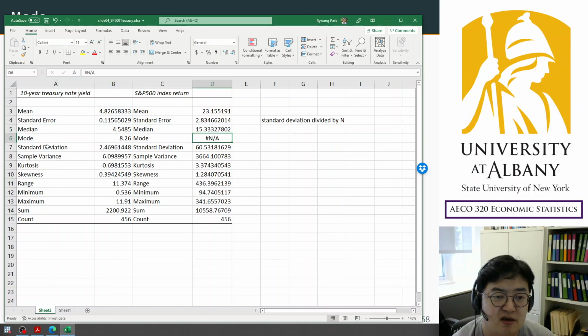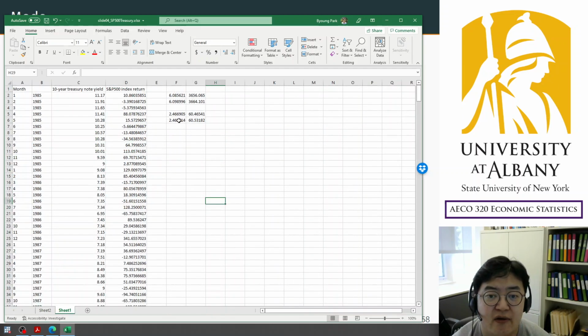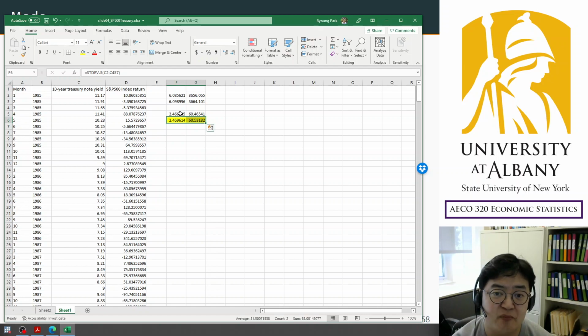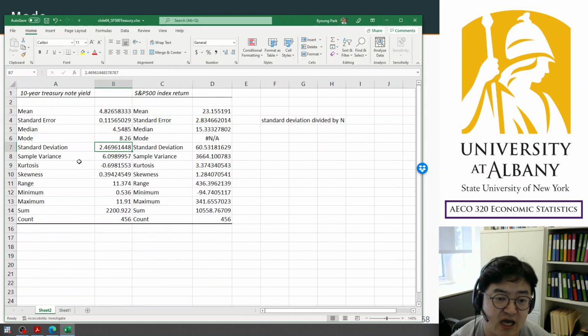It's interesting. And standard deviation is calculated here. So let's see. Standard deviation is 2.4696. That is this one. Note that these numbers are the sample standard deviation, not the population one, so the denominator is n-1. That is used here.